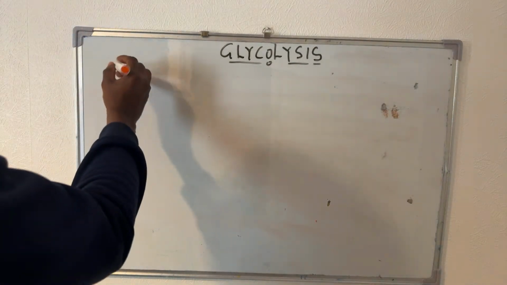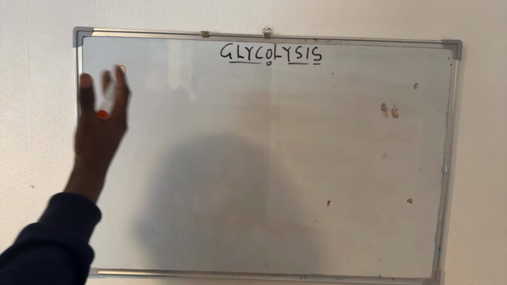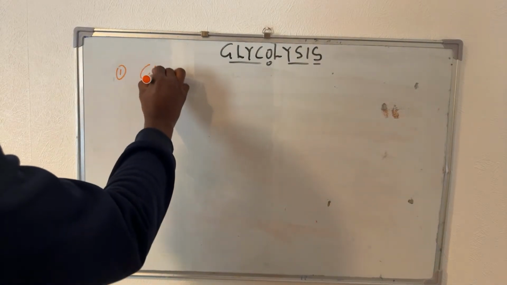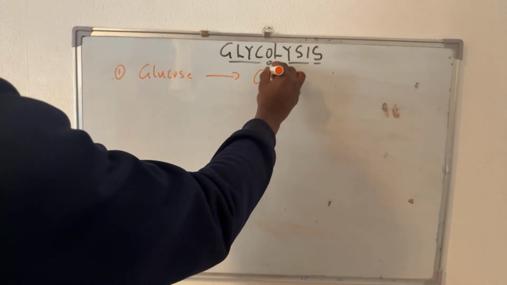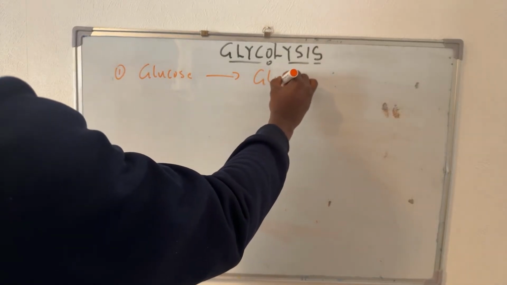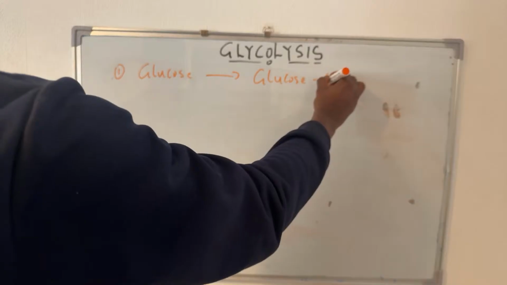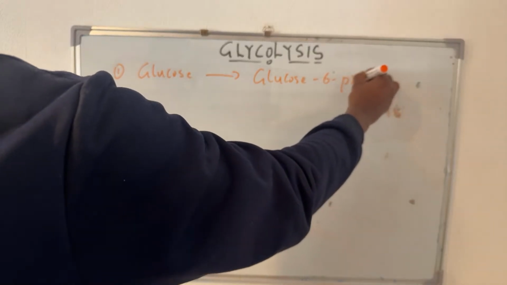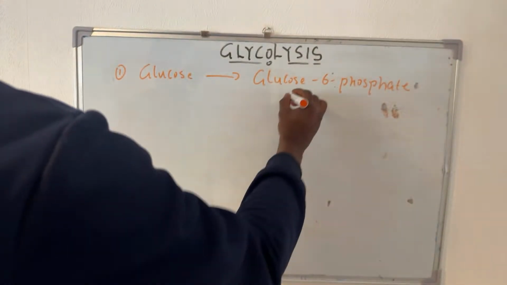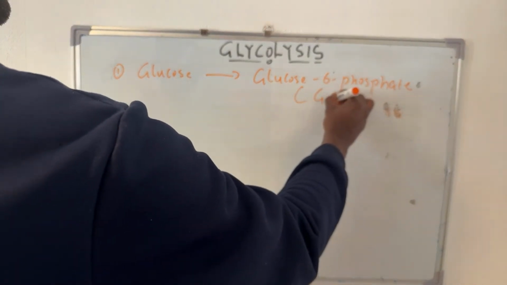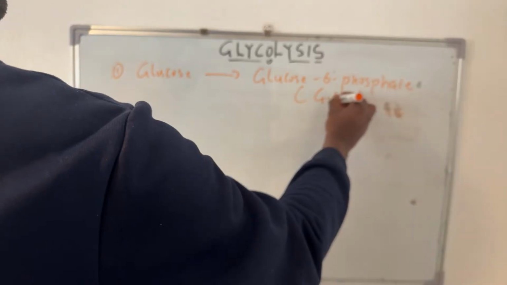The first step in glycolysis is the conversion of glucose into glucose 6-phosphate, written as G6P.